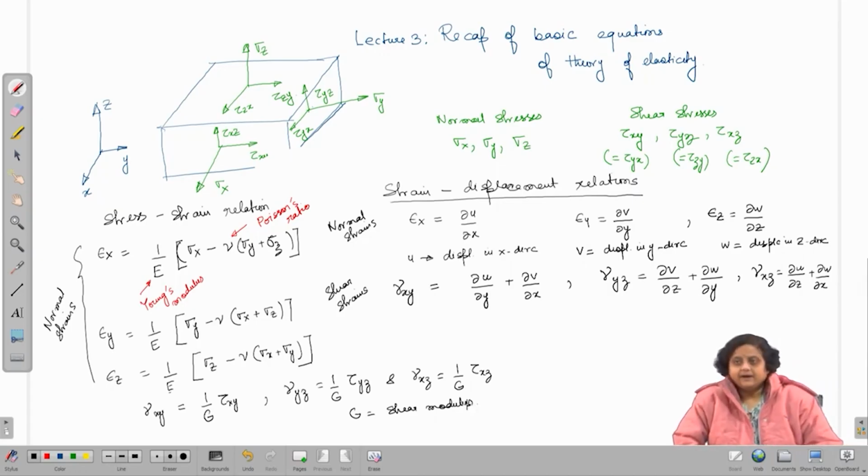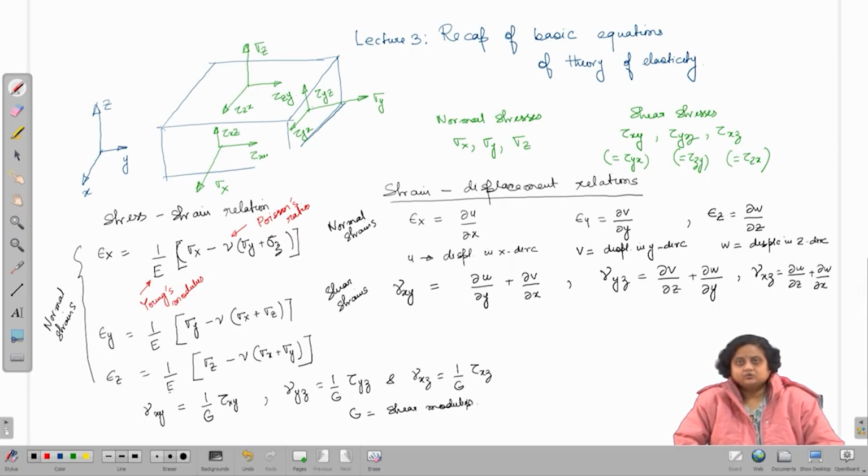So, in summary, the 3 equilibrium equations that we have derived, the 3 boundary conditions, the 3 compatibility conditions and the 6 stress strain relations are the ones that we need to keep handy whenever we are going to solve a problem pertaining to aerospace structures.